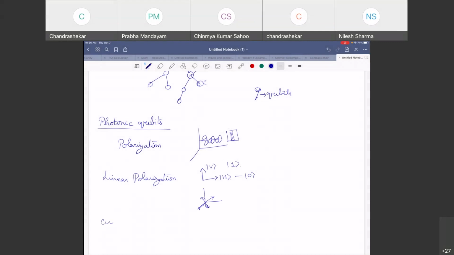Then you have circularly polarized light. For polarized light, I said that the oscillations will be present in only one direction.